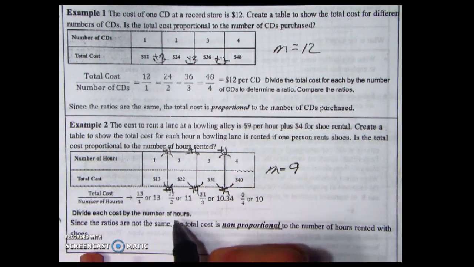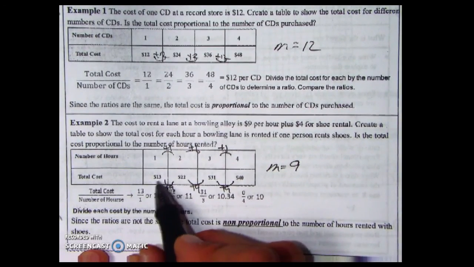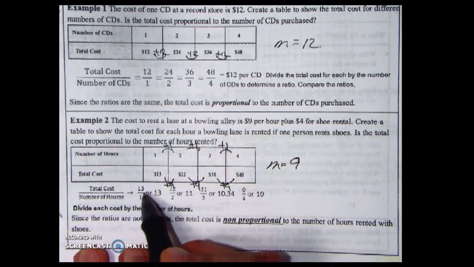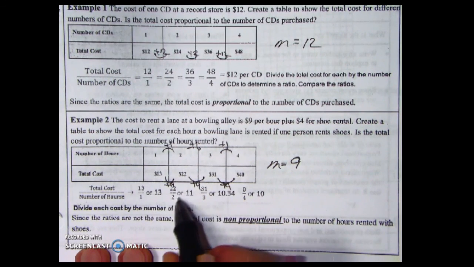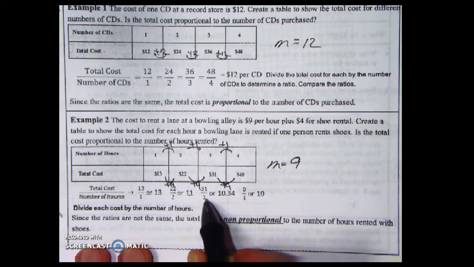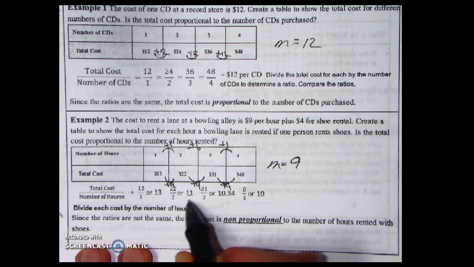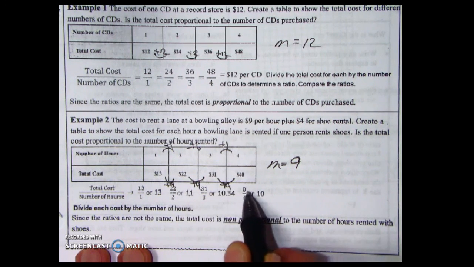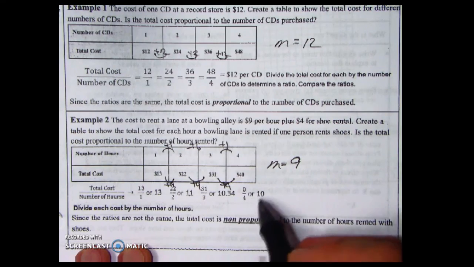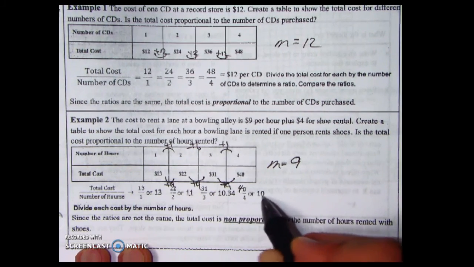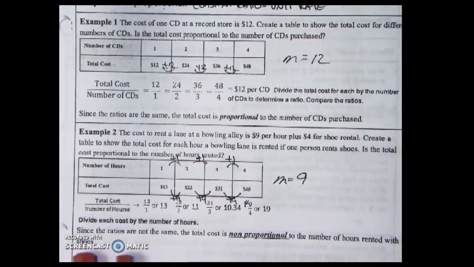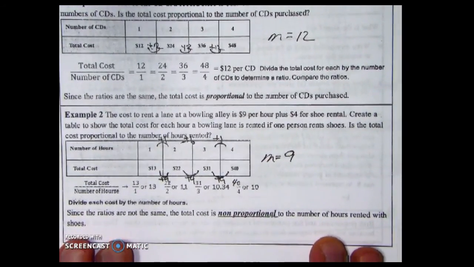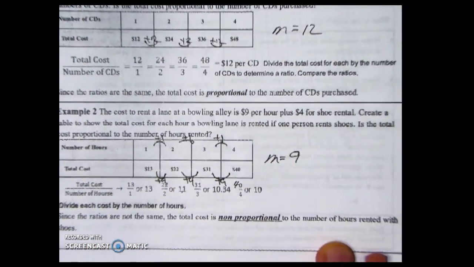But when we look at the ratio, comparing the total cost to the number of hours, 13 over 1 is 13, 22 over 2 is 11, 31 over 3 is not 11, 40 over 4 is 10. If these are different, it's not proportional.